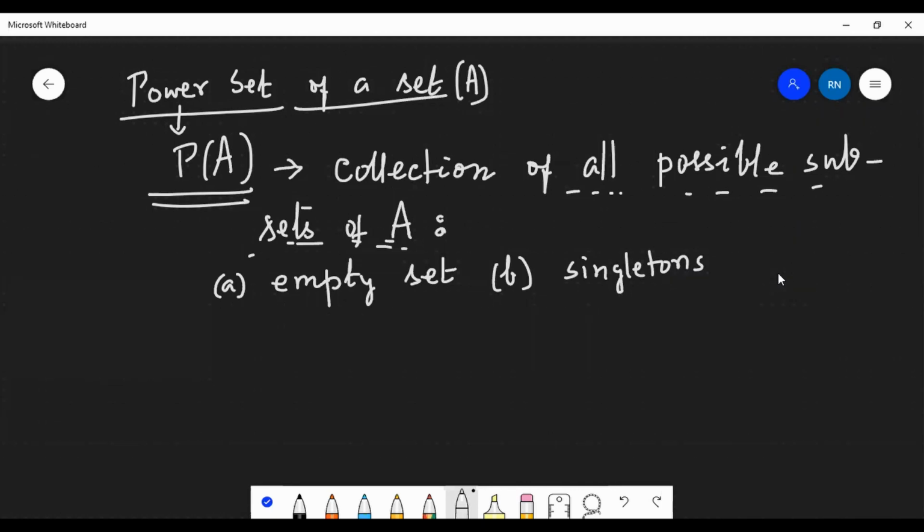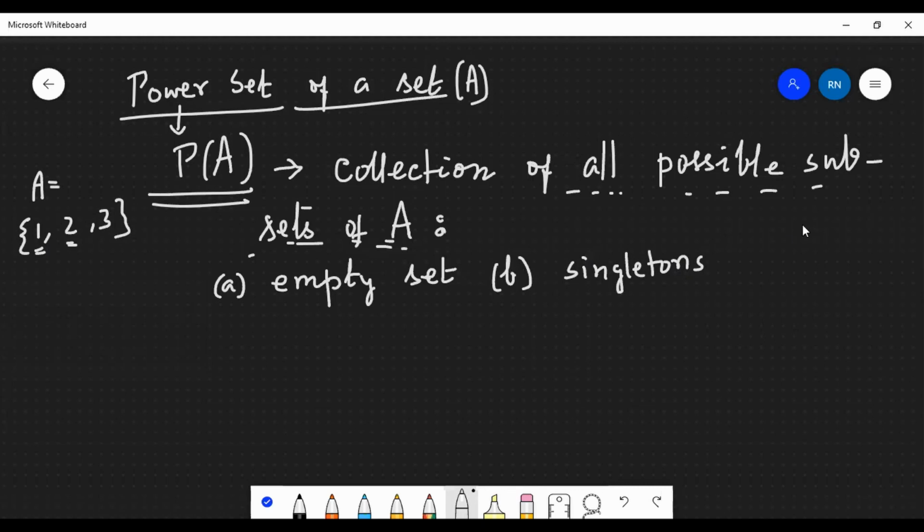Sets containing a singular element. For example, if I have a set A containing 1, 2, 3, you pick every element and make each a singleton set.